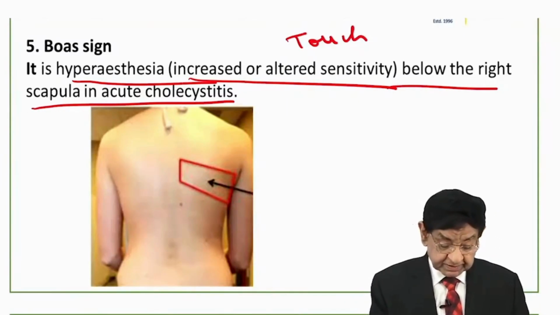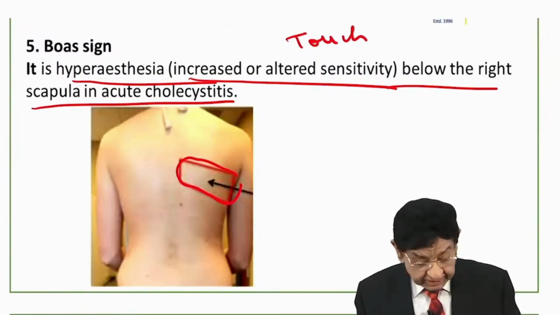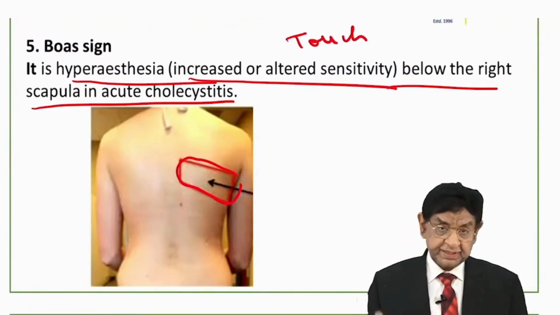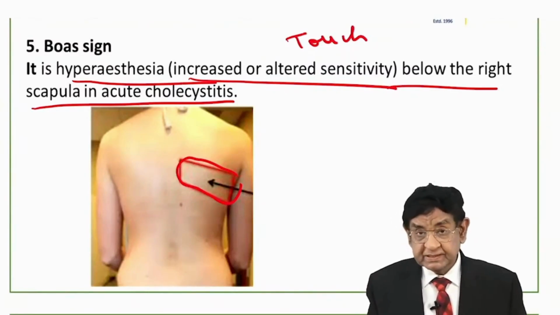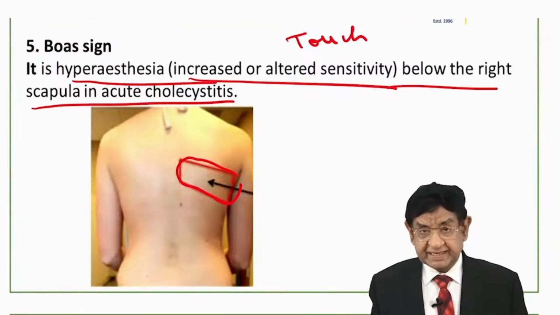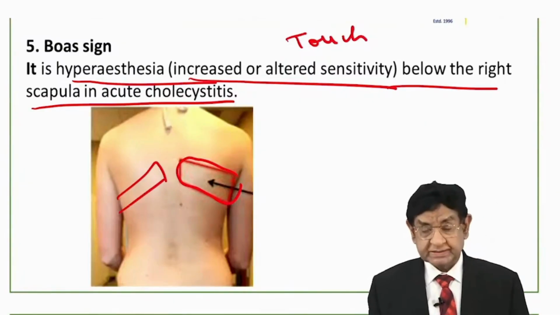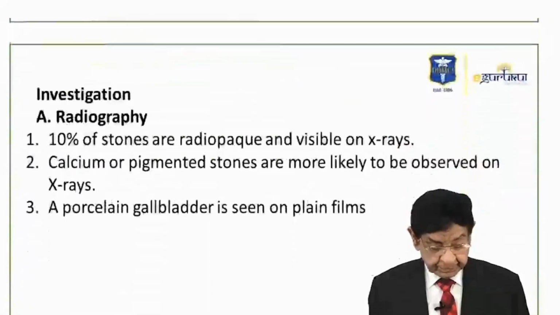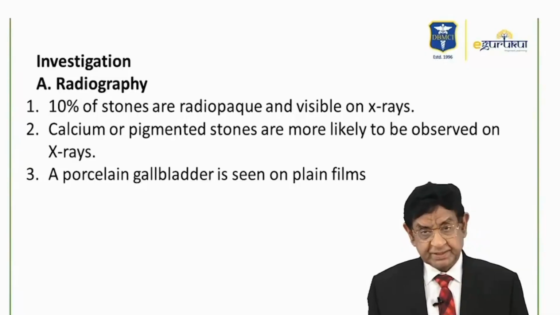You can see the back below the right scapula. If you touch it, it is hypersensitive. That means the patient will have increased touch feeling as compared to the other side. Boas sign. But Murphy's sign is much more clinically important as compared to Boas sign.